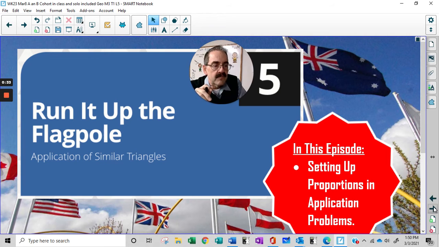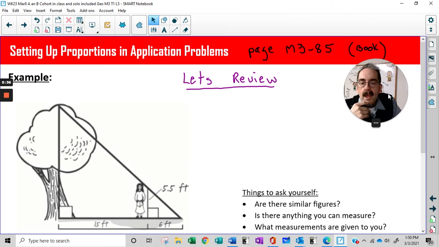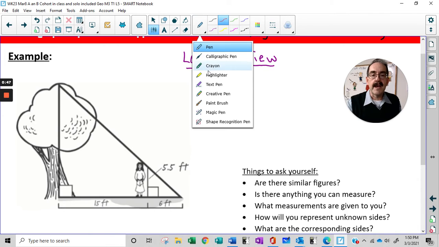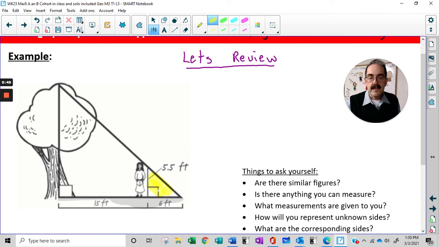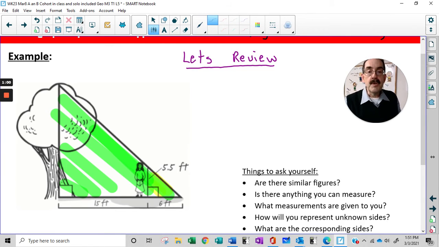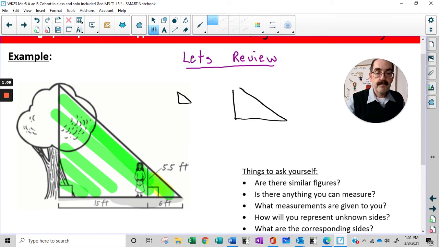First of all, we saw a triangle and a triangle. Remember this problem? Are there similar figures? We discussed that this triangle is similar to the big triangle. Then we redrew them, the little guy and the big guy.